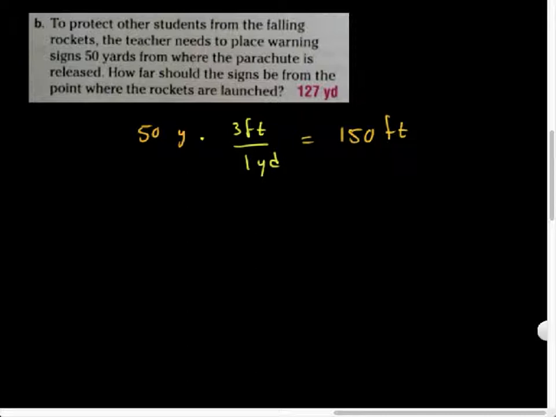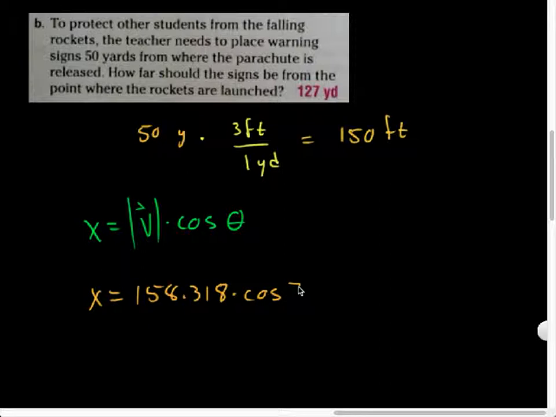So what I'm interested in is what's going on horizontally. Where's the location of the rocket at these given times? So I'm going to use the initial velocity vector times the cosine of theta formula. So x is equal to 158.318 multiplied by the cosine of 78 degrees. And this is in feet.